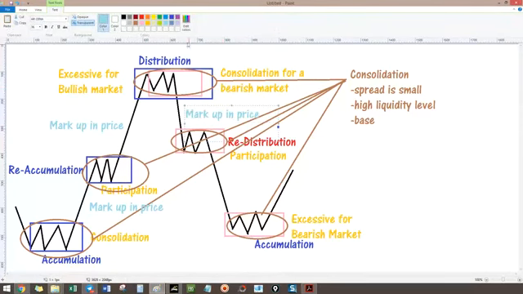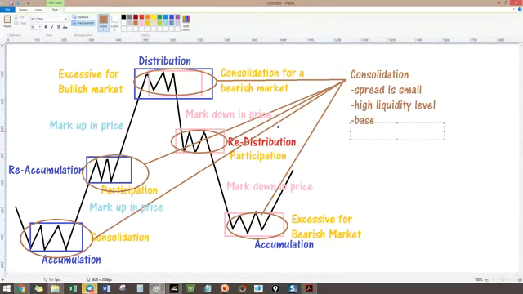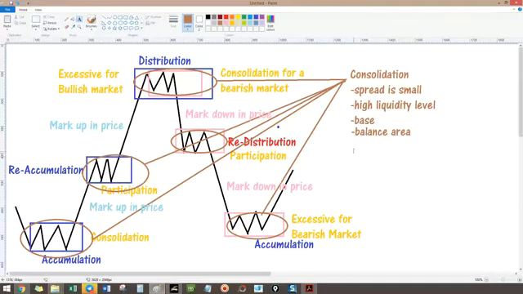And over here is markdown. And for markdown, I need to add some words here. It's also a balance area. Okay, so I need to mark this. Wait a moment.